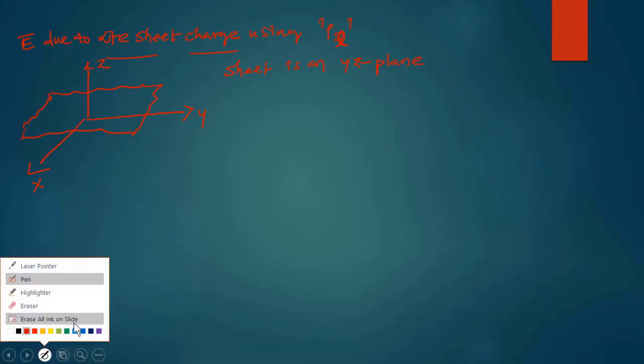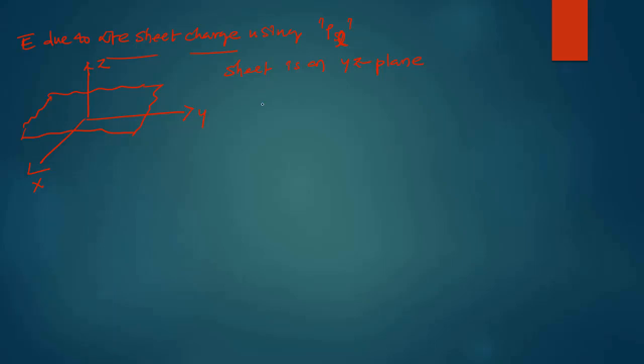In the previous case we took the sheet on the xy plane and the observation point on the z-axis. Now the sheet is on the yz plane and the observation point, that means where we are finding the electric field, is on the x-axis. So the observation point is given by x comma 0 comma 0.